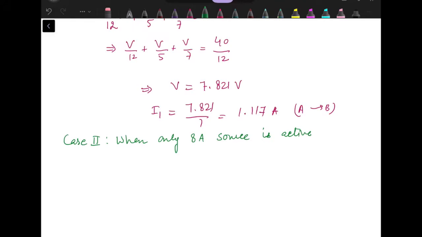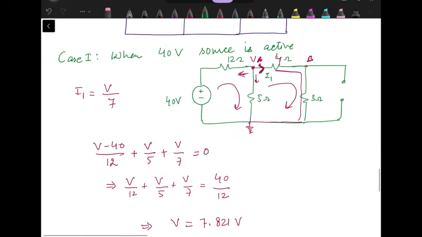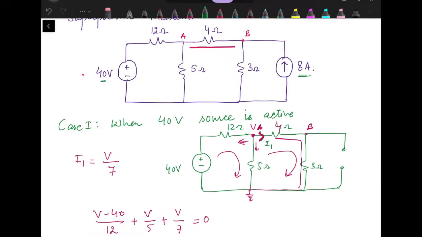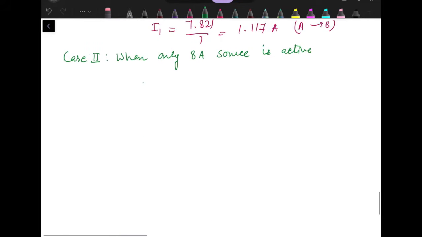So when only the 8 ampere source is active, this 40 volt source has to be replaced by its internal resistance, and the internal resistance of an ideal voltage source is 0. 0 means short circuit. So we will have a short circuit in place of the 40 volt source.